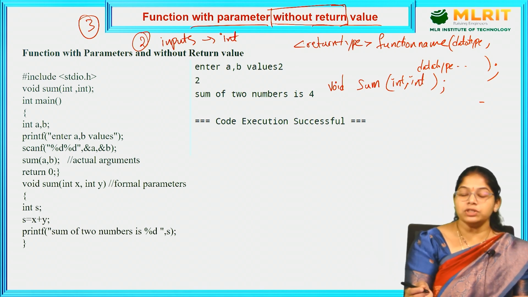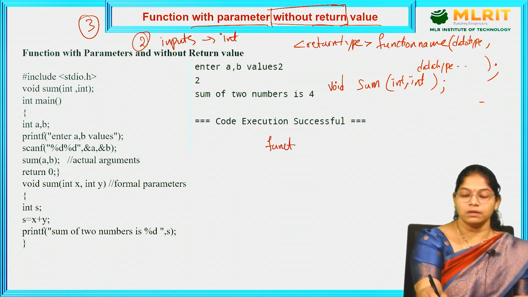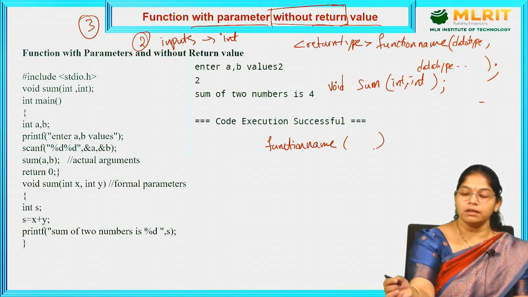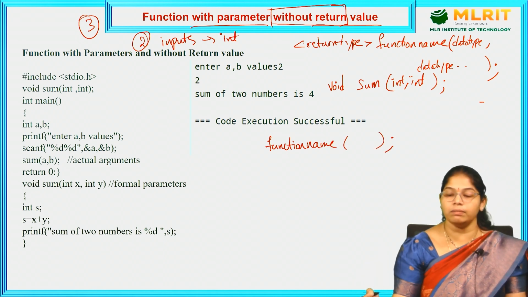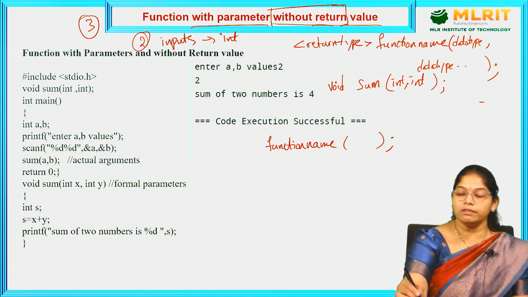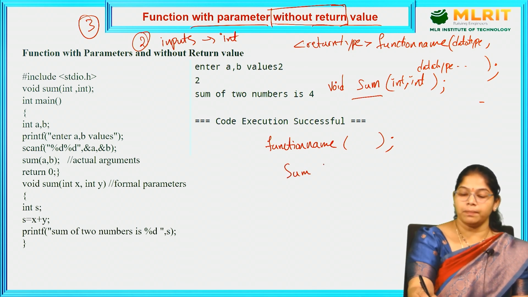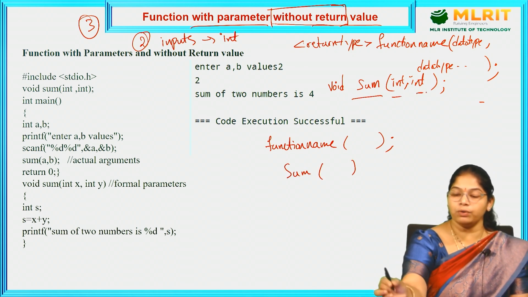Then function call syntax is just the function name, and we'll write here variables. How many variables are we passing? Here the function name is sum. How many inputs are we providing? Two inputs.